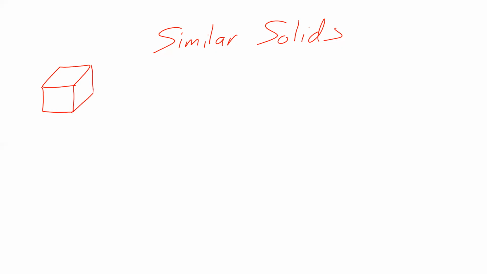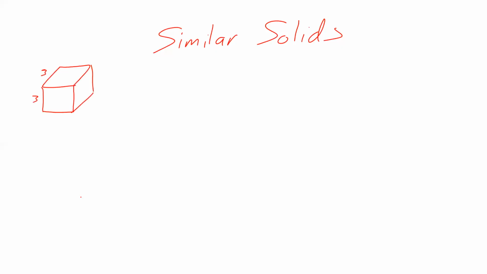So on this cube, since we just did the square, that was 3s, I'm going to use 3s for our sides here as well. And then the other one, since I used 9 for my other one, I'm going to do the same thing here.